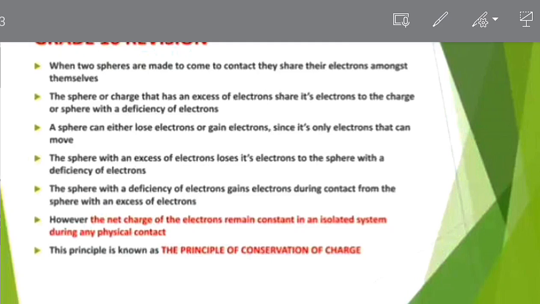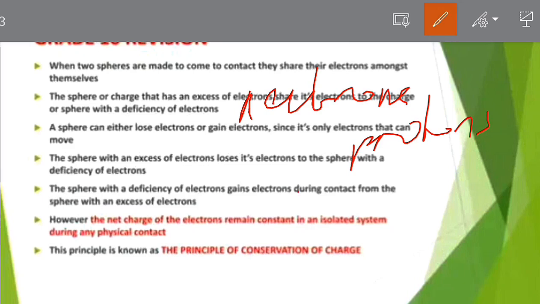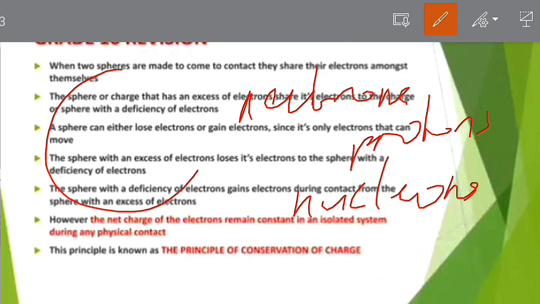So collectively we know that your neutrons and your protons are known as nucleons, right? They are situated in the nucleus of the atom, and they cannot move. The only thing that is able to move is your electrons. So if you have it like that here, that is a representation.